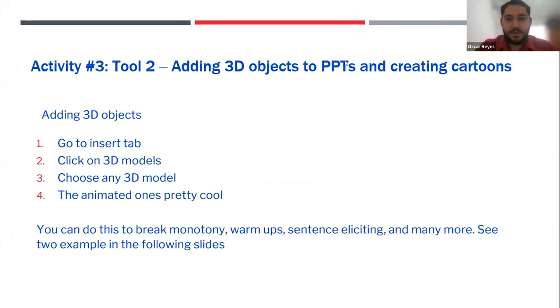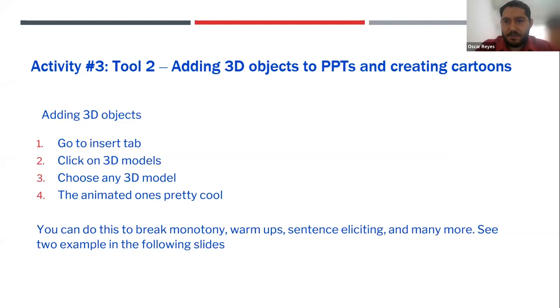To add a 3D object, you go to the Insert tab. You also have these instructions in the handout, so you can have a look at it. You click on 3D models, and you choose any 3D model that you want. My recommendation is that the animated ones are pretty cool.